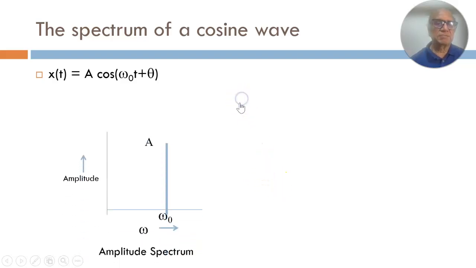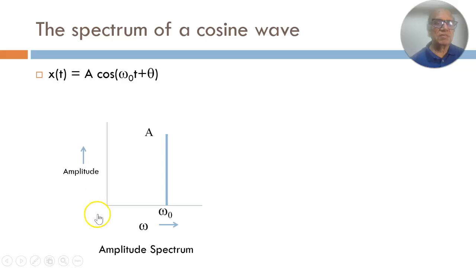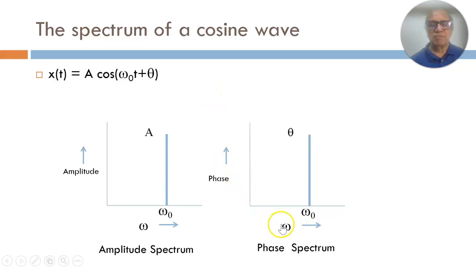So let us see this. This plot is called the amplitude spectrum, in which we have plotted omega on the x-axis, amplitude on the y-axis. Since there is a single frequency in this particular signal, at omega equal to omega naught, you get the amplitude which is equal to A. Then you make a plot of omega versus phase and you get one line, that is at omega equal to omega naught, the phase angle is theta.